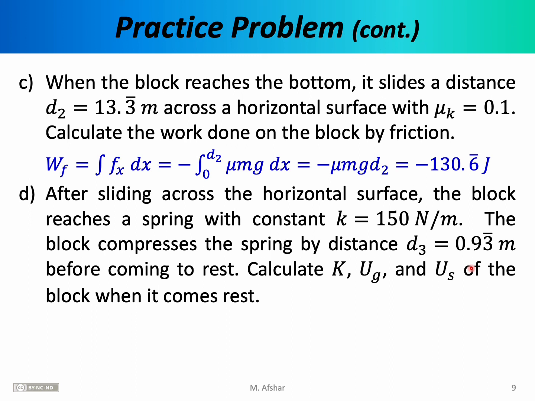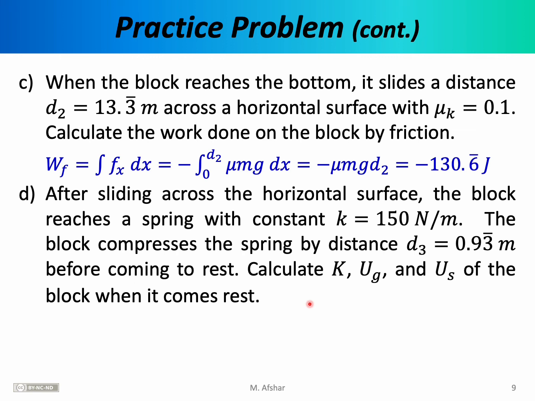Part D is a little more complicated. After sliding across the horizontal surface, the block reaches a spring with constant 150 newtons per meter. The block compresses the spring by a distance of 0.93 meters before coming to rest. Calculate the 3 energies of the block when it comes to rest.